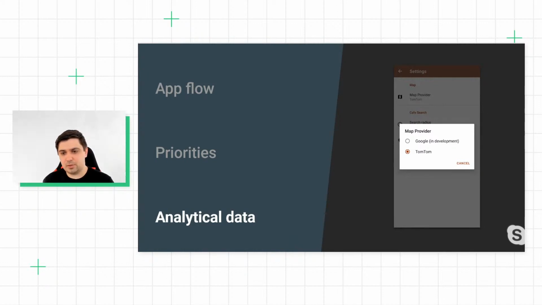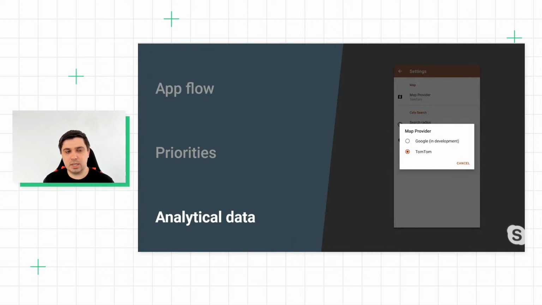But for any reason, let's imagine that people use TomTom maps more in our application. In this case, I recommend covering it first, and later on you can cover something less important based on analytical data.